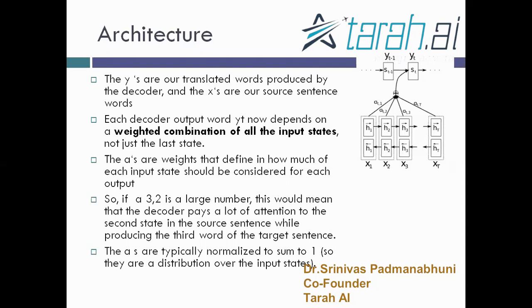So no wonder we also want to make sure that alpha summed over all the numbers, alpha t1 to alpha t capital T, should be 1. Same way alpha t minus 1, 1 to alpha t minus 1 capital T should be 1. So now you can see how you are going to model the function not just as the intermediate vector, but also the corresponding attention model, which you need to capture.